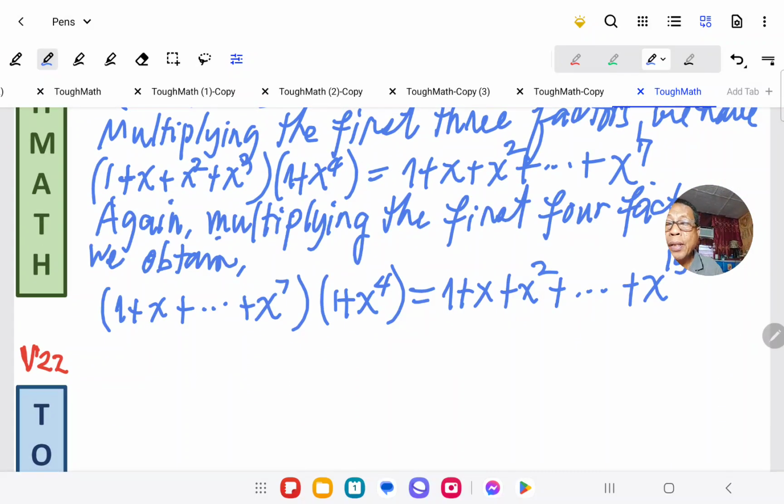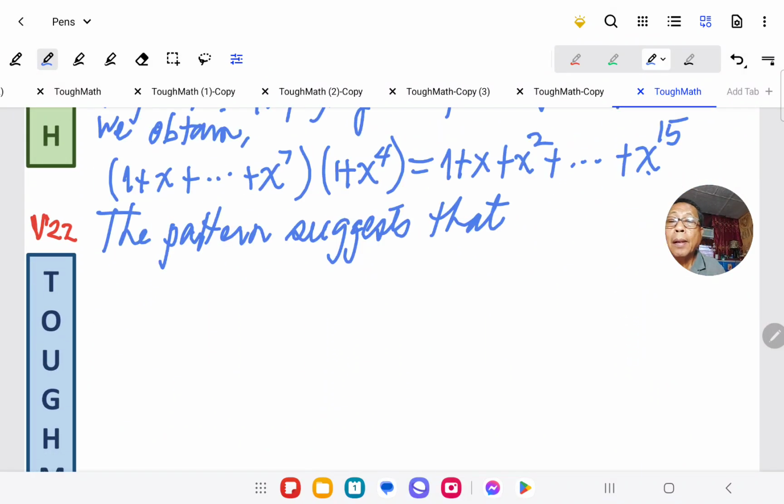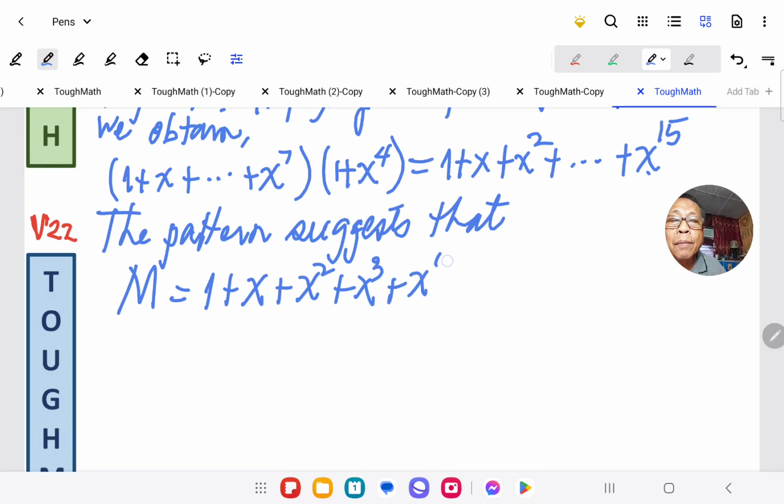So the pattern suggests that m is actually equal to 1 + x + x squared + x cubed + x to the 4th and so on, plus x to the 15 and so on.